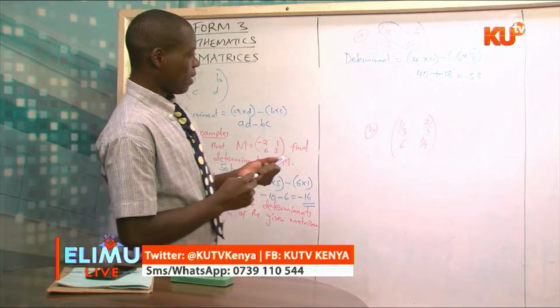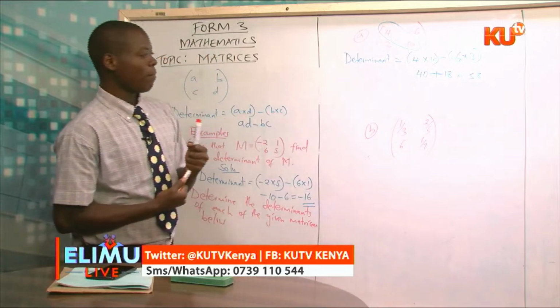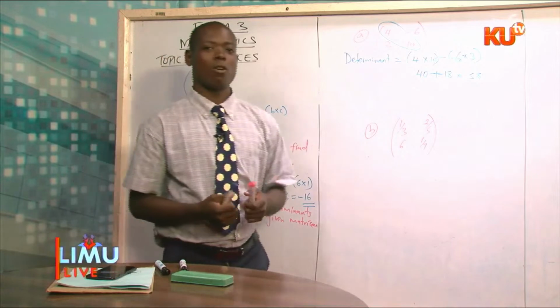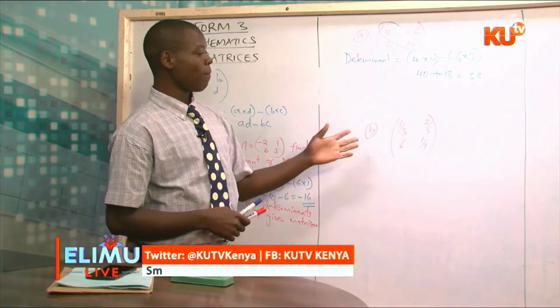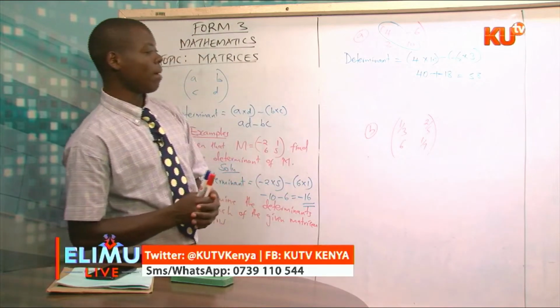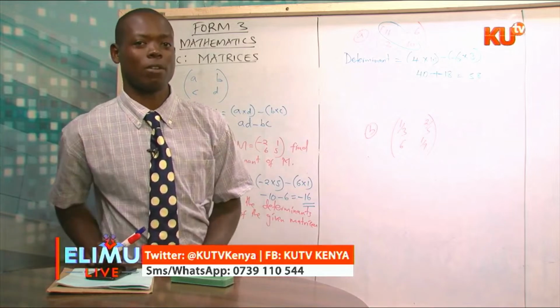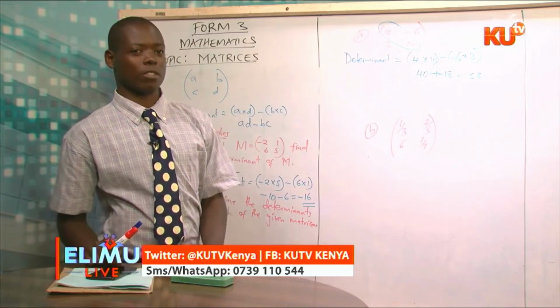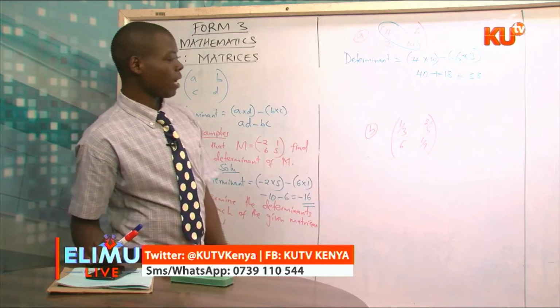For number B, not only will you have matrices given as whole numbers, but we may have matrices that are constituted by elements which are decimals or which are fractions. So in this case, we have fractions.